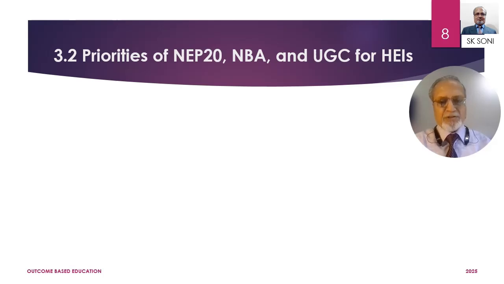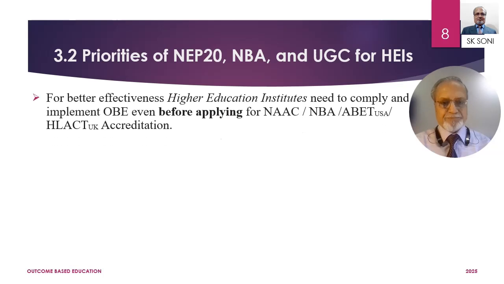Continued priorities of NEP 2020, NBA and UGC for higher education institutions. For better effectiveness, higher education institutions need to comply and implement OBE even before applying for NAAC or NBA or ABET or HLC accreditation, whatever accreditation.